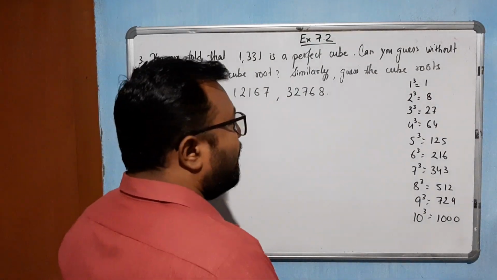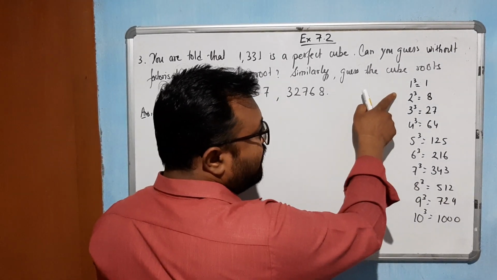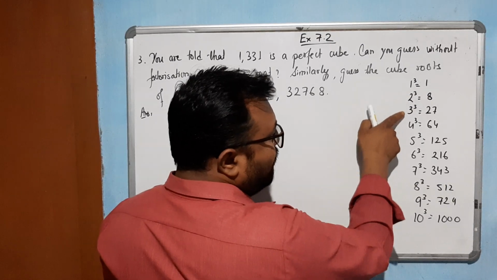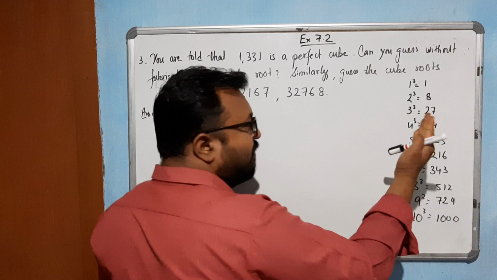So here we can see the numbers 1, 2, 3, 4, 5, 6 up to 10, and the cube root of these numbers is the result.